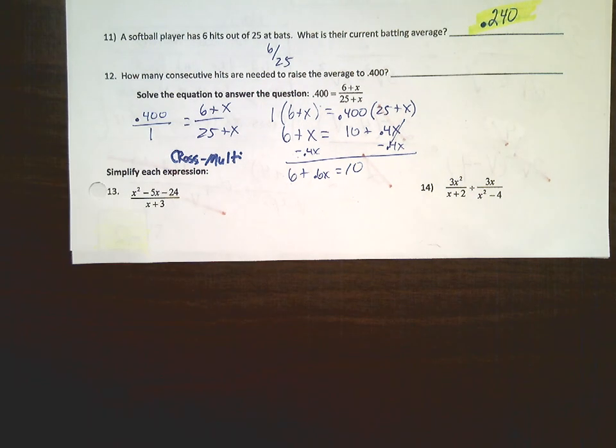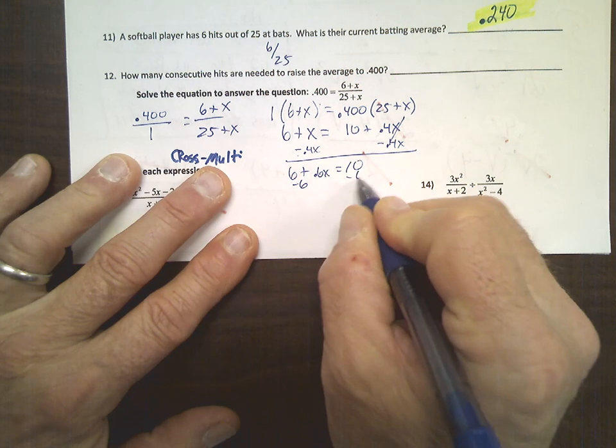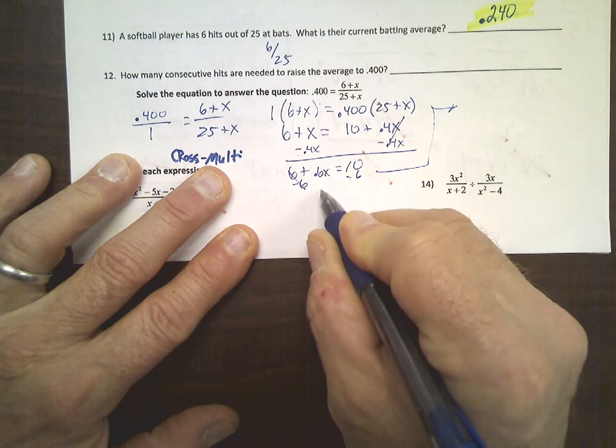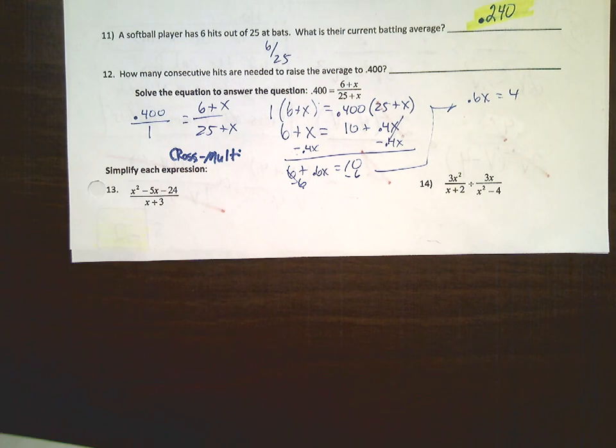Shelly Johnson, what's next? 0.6x equals 4. Allie Keller, what's the final answer? Or what's next?